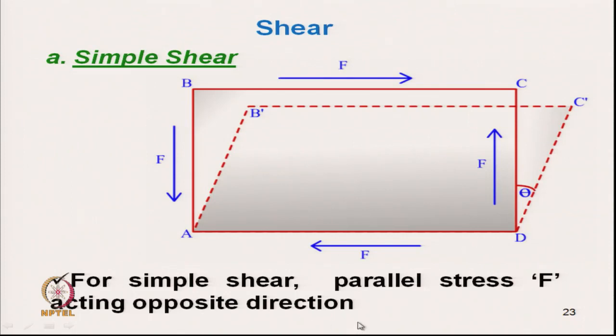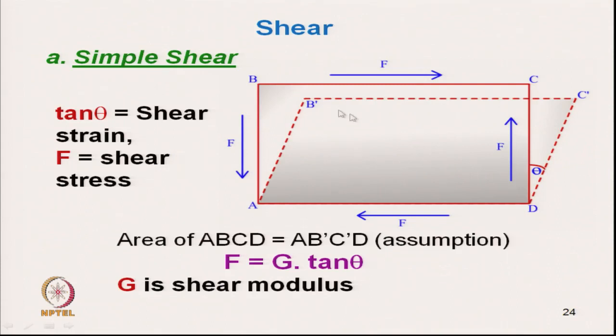For a simple shear, parallel stress F is acting in opposite directions, which may be horizontal or vertical, and we can measure the angle of deformation theta. Tan theta is the shear strain and F is the shear stress.